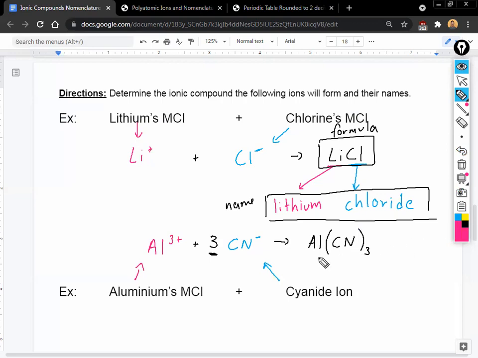Okay, and then for the name, the cation, we just write the regular name, aluminum. And then since cyanide is polyatomic, you don't need to change it, so we just write cyanide. Good job, everybody. Aluminum cyanide. Okay, so the one on the top is the formula. The one on the bottom is the name. And that's pretty much it.